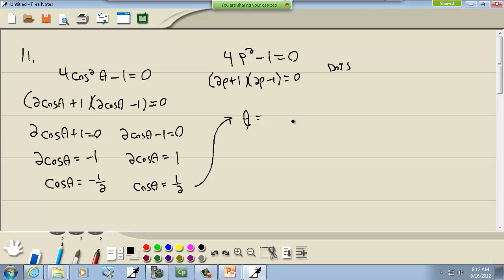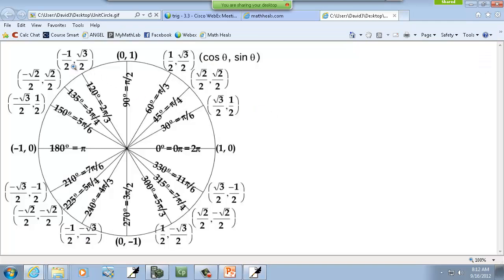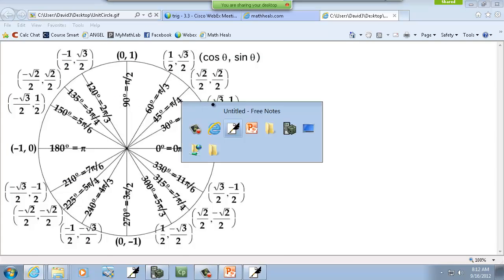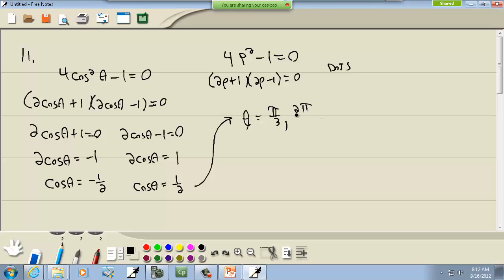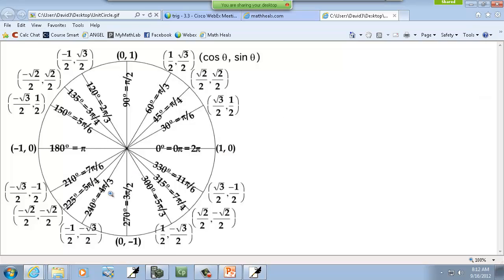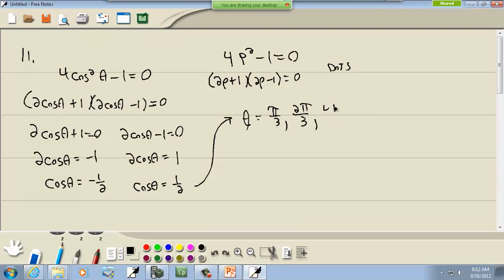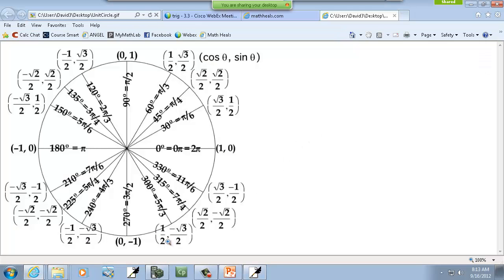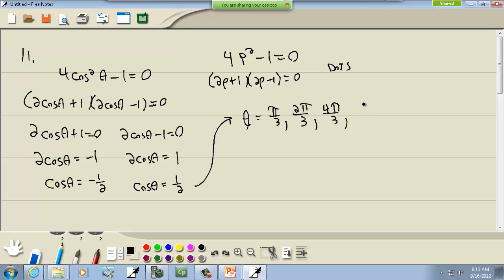Here's a 1/2, pi over 3. Here's a negative 1/2, so 2 pi over 3. Come down to here, here's another negative 1/2, so 4 pi over 3. And here's a positive 1/2, so 5 pi over 3. So instead of using the square root property, in some cases you can factor it, like we just did there.